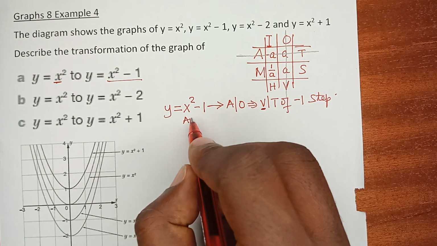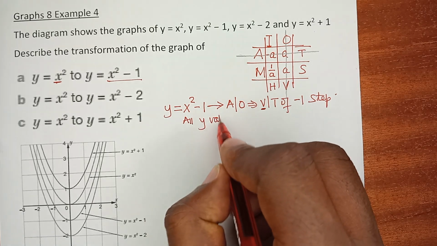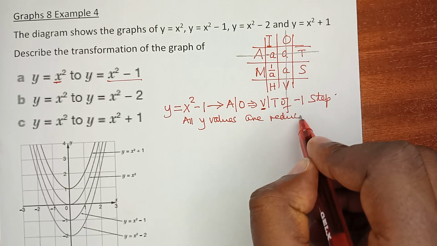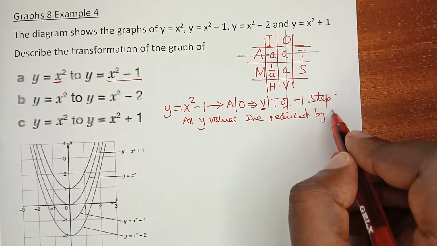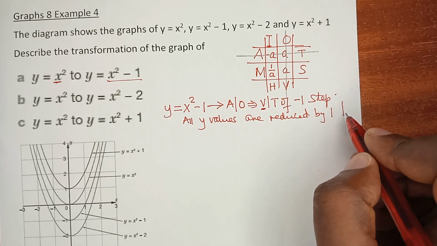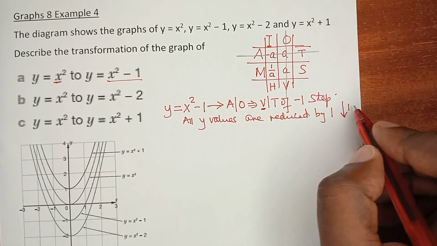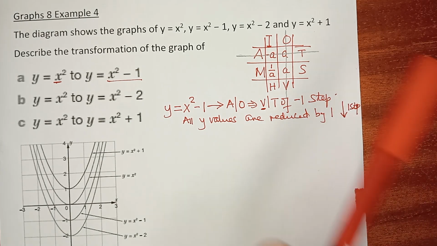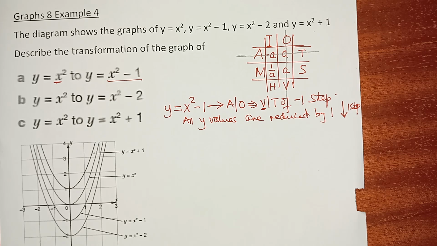That means all y values are reduced by 1, or rather our graph goes down one step.